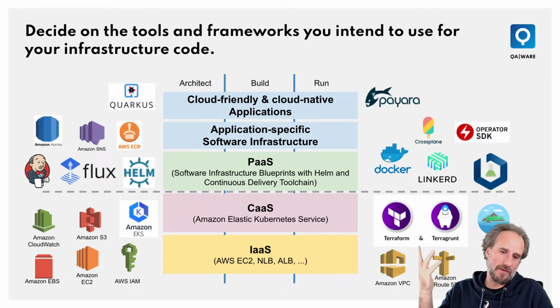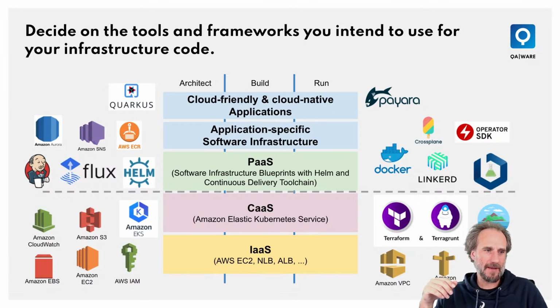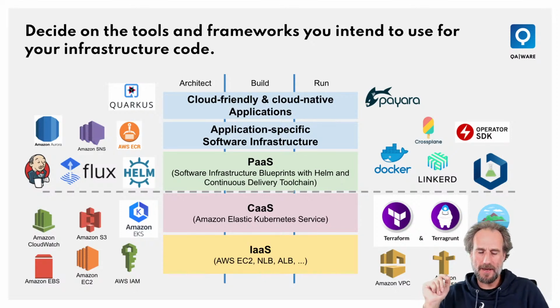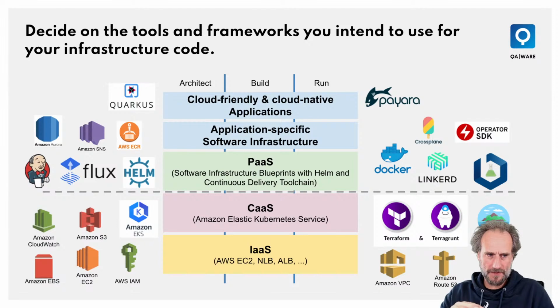right? So in our case, we have chosen to go with EKS. You might go for a fully managed solution, or choose Kubernetes, or maybe choose a conveyor. Many options here, and then decide and say, okay, we go with EKS. And with those services then of course come the tools and frameworks.